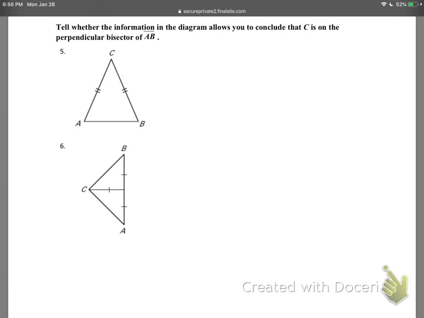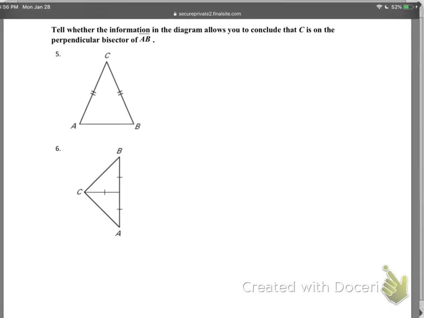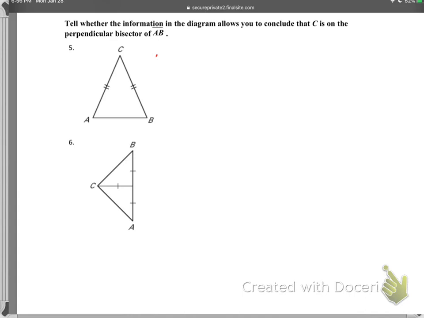All right, I see I have an isosceles triangle, and I know that because I have equal sides, equal legs, so that means that this point C must lie on an unseen perpendicular bisector.